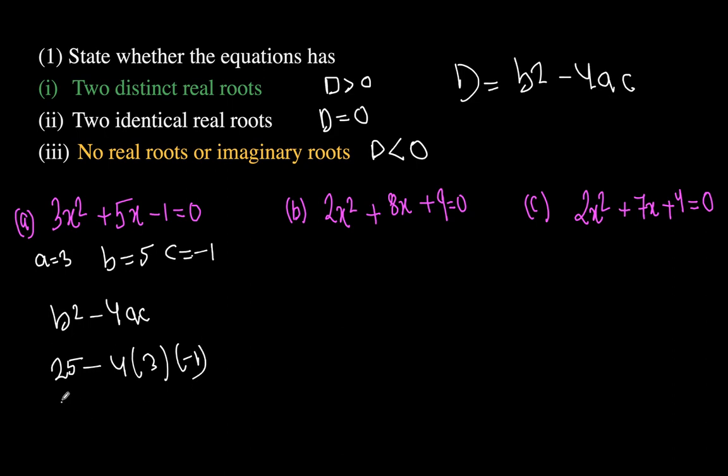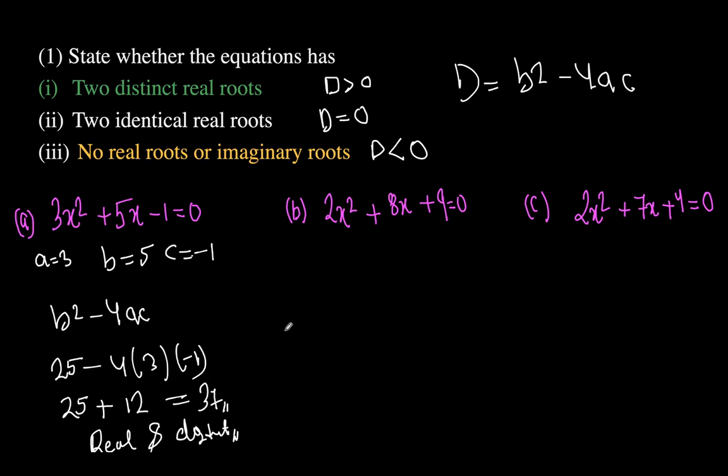If you calculate, you will get 25 minus, this is plus 12. You can check with the calculator and you are going to get 37. So this 37 is a positive number, so here you are going to get real and distinct roots. Okay, because your d is greater than 0.